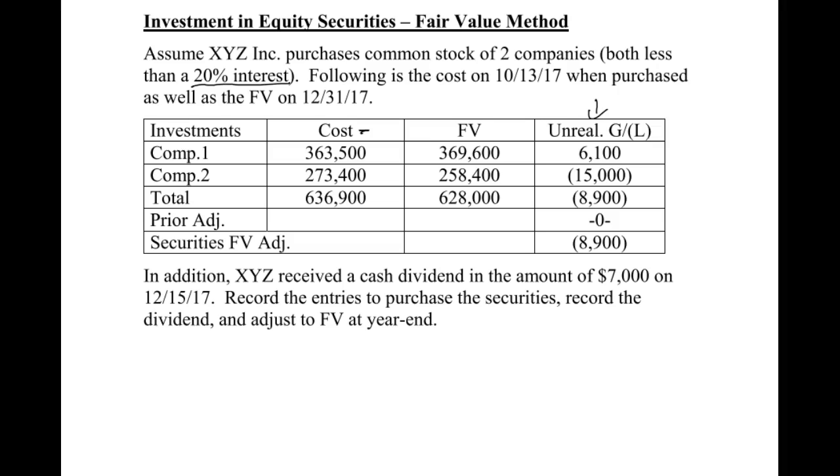If you look at this, this is the way I believe the Kiso book presents it a lot of the time. I typically focus on the unrealized gain or loss portion of that journal entry, whereas the books, both Spiceland and Kiso, typically focus on the fair value adjustment. That's what this does down here. You can see the securities fair value adjustment amounts. The way to read this in terms of the T account: the number you calculate over here is always the ending balance.